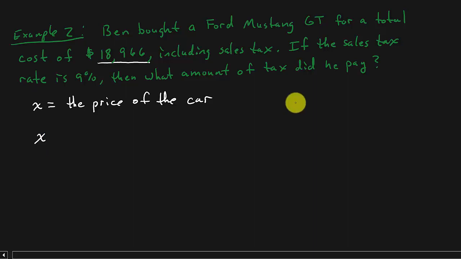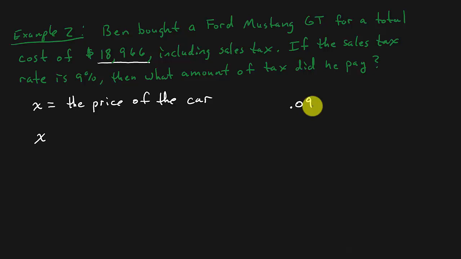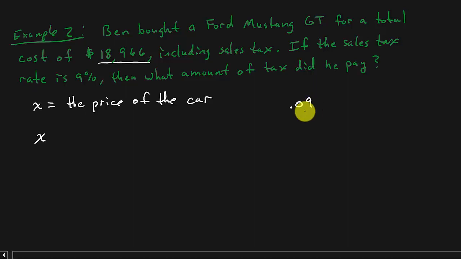It's the sales tax rate, which in this case is 9%, and we would write that as a decimal, so 0.09. And how do you figure out how much tax you have to pay? Well, it's the tax rate times the price of the car.